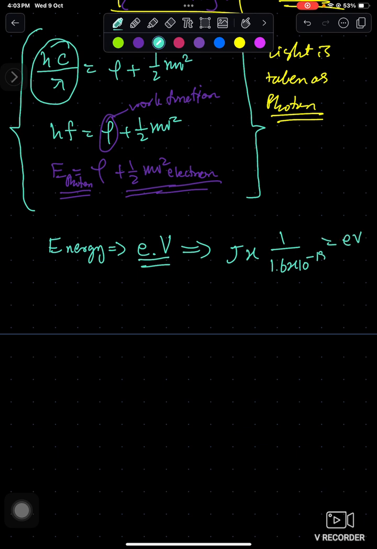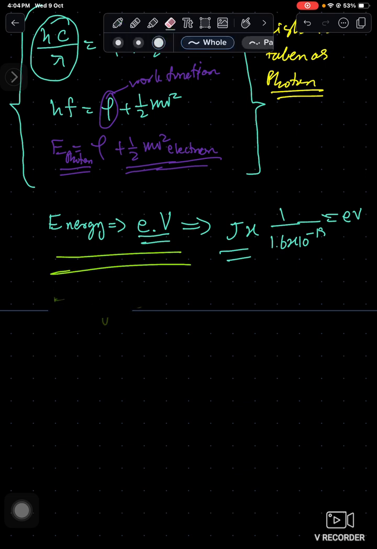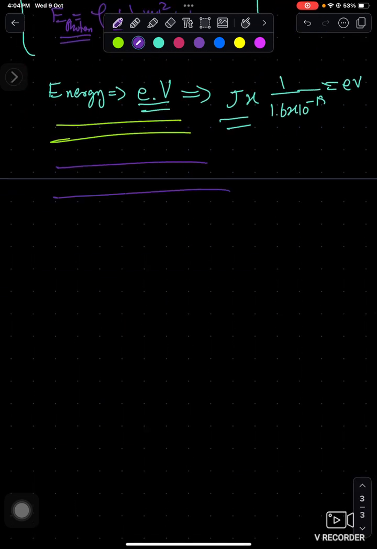Then you can also tell what joules we need, we just multiply it with that. Okay, here then, as we are here, we can also talk about the spectra, the energy levels.